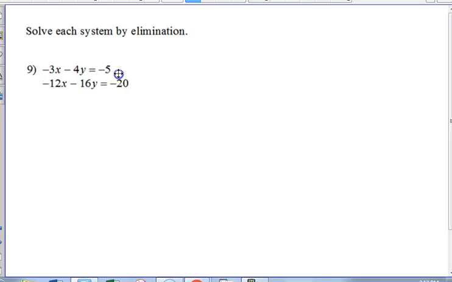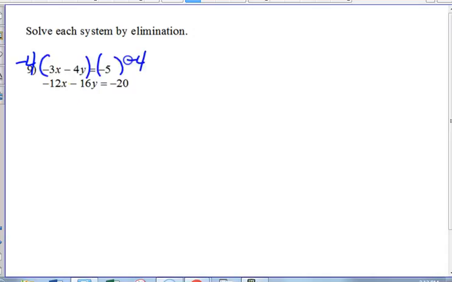All right. What's going on here? What could we do? Actually, there's 2 things we could do. We could actually divide this bottom one. Do you notice they all have a common factor? Most of us probably wouldn't do that. We'd probably take the top one and do what? Multiply it by what? To get rid of, maybe by a -4 on both sides?